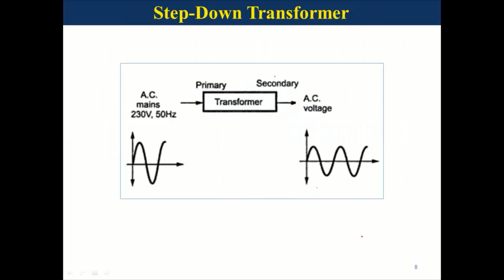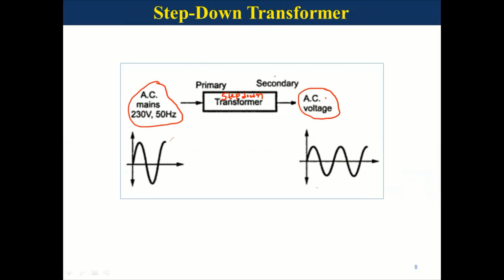This diagram represents the input and output waveforms of the step down transformer. As I already told, the input to the step down transformer is the 230 volts 50 hertz supply, which is a very high voltage. That's why it is given to the step down transformer, where it is reduced to a lower level. Still it is AC. The output of the transformer is also AC, but the level is reduced.